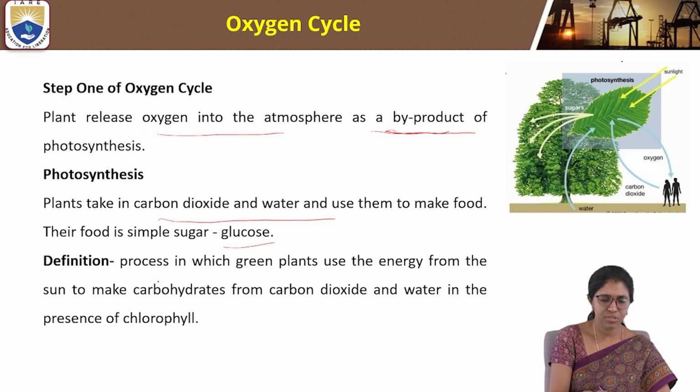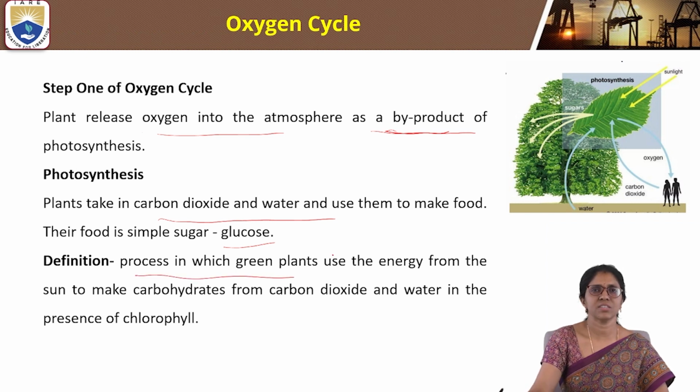The definition of photosynthesis: it is the process in which green plants use the energy from the sun to make carbohydrates from carbon dioxide and water in the presence of chlorophyll. Chlorophyll is present in the leaves of the plants.